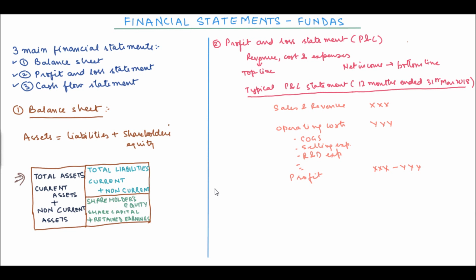Now let's move to the third type of statement, which is the cash flow statement. Now the cash flow statement reports the cash inflow that a company receives as well as cash outflow that it pays during a given period of time. So basically this deals with cash inflow and outflow. Now it is very important to understand the most important difference between an income statement and a cash flow statement.